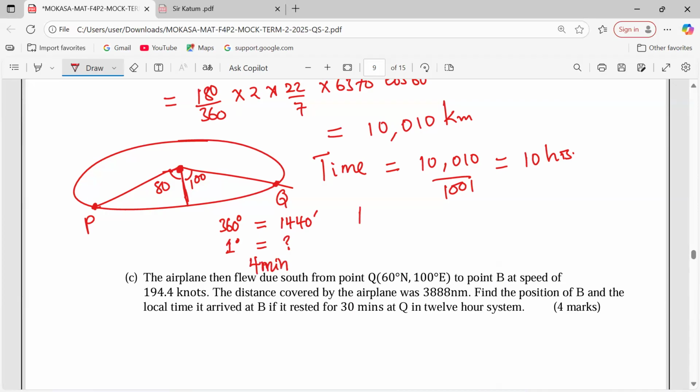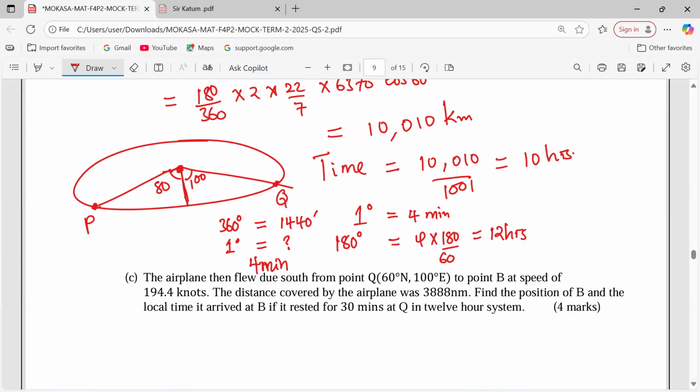So for every 1 degree, there is a 4 minutes time difference. What about for the 180 degrees between P and Q? 4 times 180 gives minutes, so we can divide by 60 to get hours. This is going to be 12 hours. So there is a time difference of 12 hours.